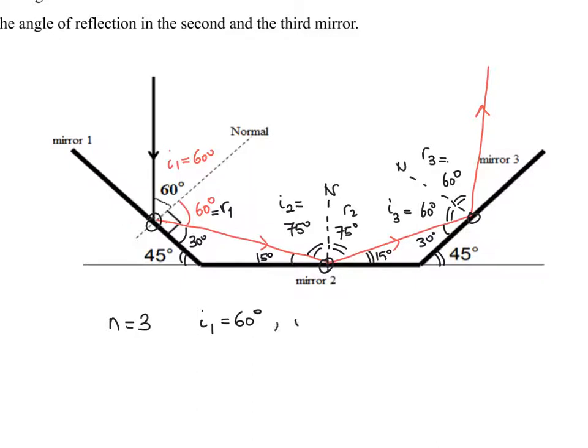The angle of incidence I2 is equal to 75. The angle of incidence I3 is equal to 60. The angle of reflection R1 is 60. The angle of reflection R2 is 75. And the angle of reflection R3 is equal to 60.